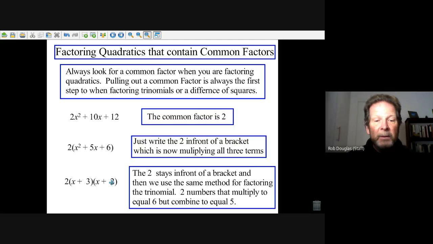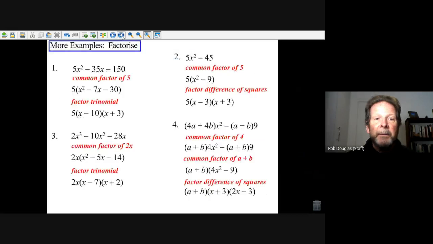You choose 3 and 2 because when you multiply the inside and the outside, you get 3 times x, and the outside one is x times 2, which is 2x, and that 3x and that 2x combine to equal the 5x. Sorry, it's got to multiply to equal the number on the end, and it's got to add up to equal the number in front of x. That's the story.